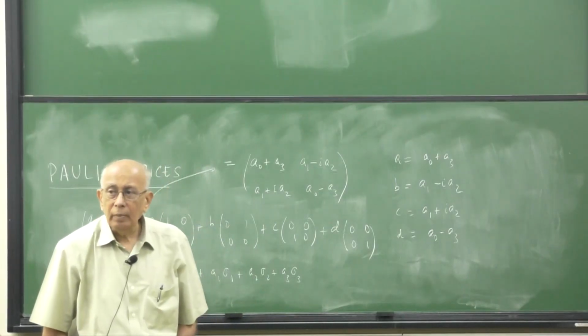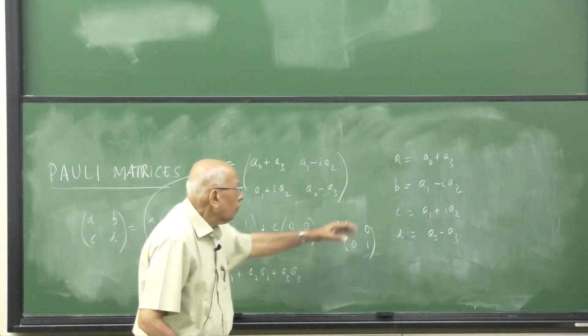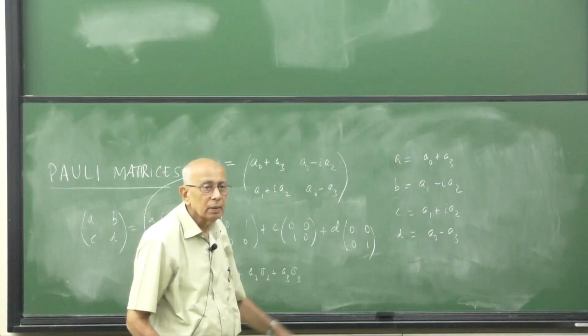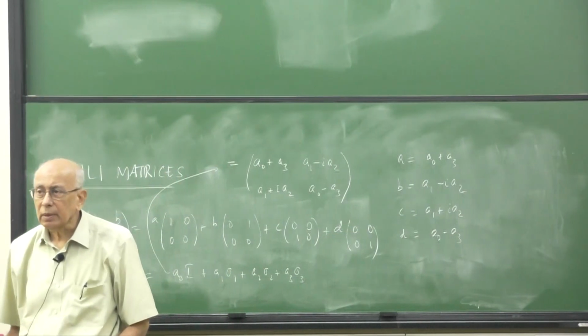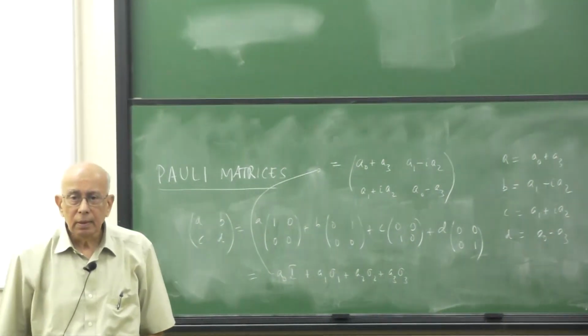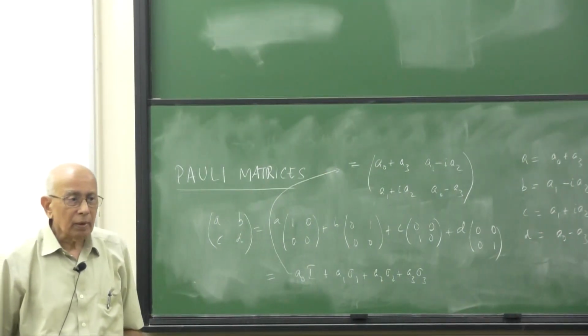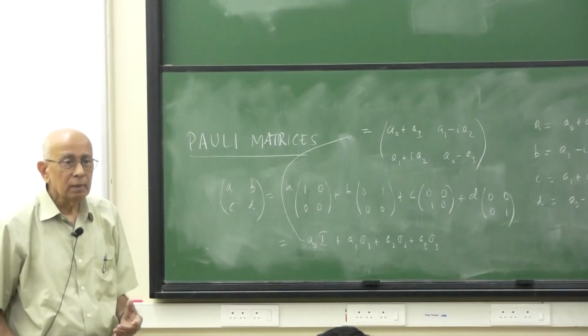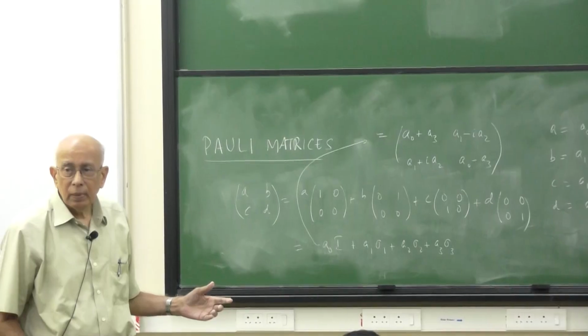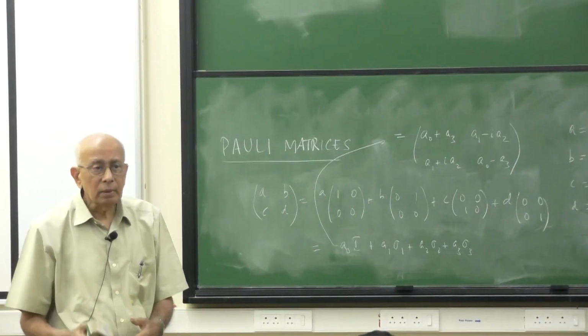Yeah. So tell me, what sort of equations are these? They are linear simultaneous equations, right? Do you agree that if I give you A0, A1, A2, A3, you will be able to find A, B, C, D from these equations? They are linear equations, so they are invertible.